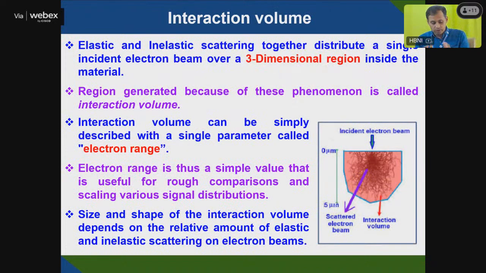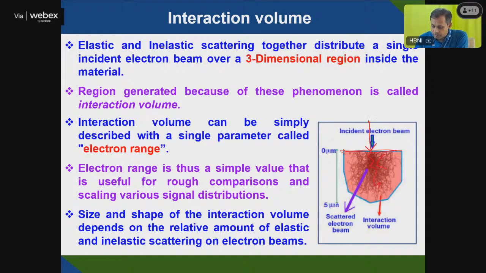Whether it's a collision interaction of an electron with the nature, either elastic or inelastic, it depends upon the particular interaction volume. That interaction volume is the 3D space in which the electron beam can migrate. If we see here, this is a specimen, and inside the specimen the electron beam is coming in.